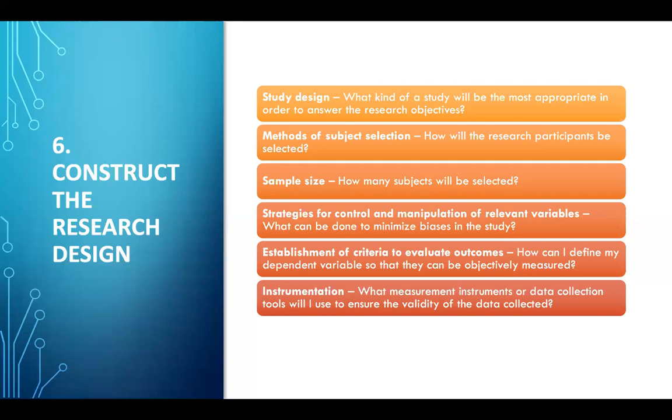The internal validity of your research design answers the question: does the study measure what it intends to measure? So it refers to the extent to which various types of biases are controlled in the study, like comparability of subjects or measurement bias and many others.